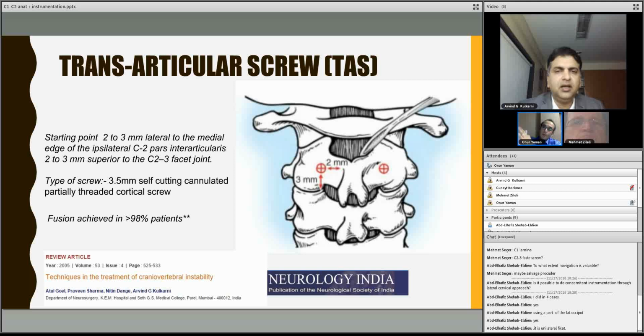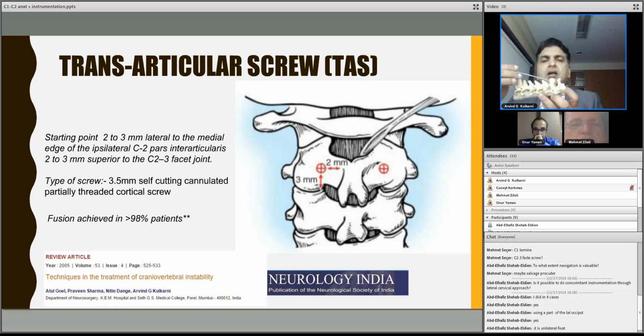Here what we do is we pass a screw from C2 lateral mass into C1 lateral mass. This is the trajectory. It goes in an angular fashion, from C2 into C1 through the joint of the C1, C2 lateral mass.